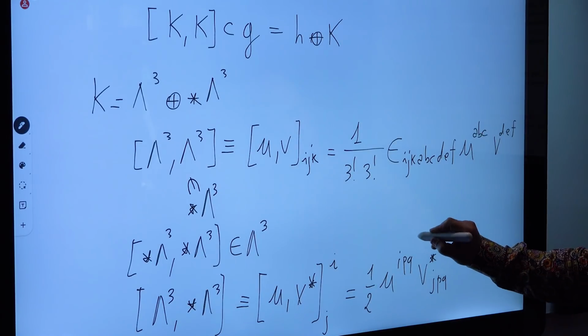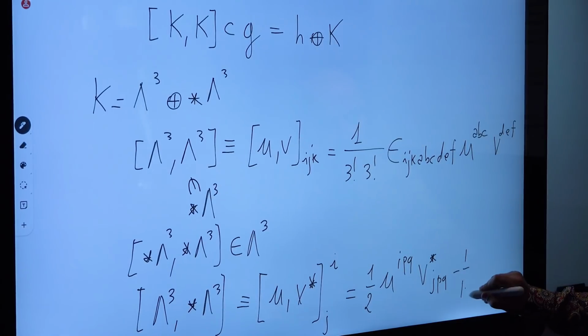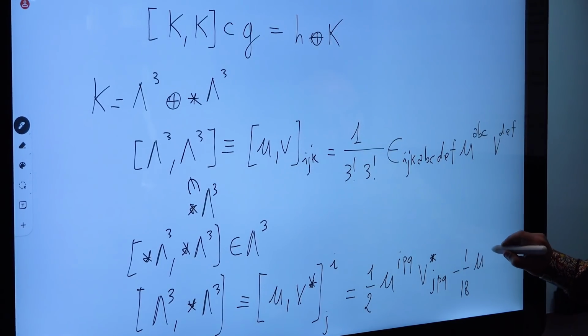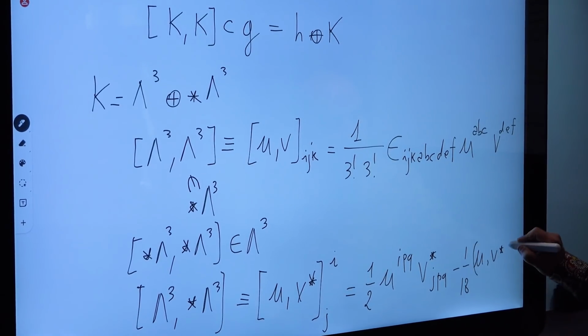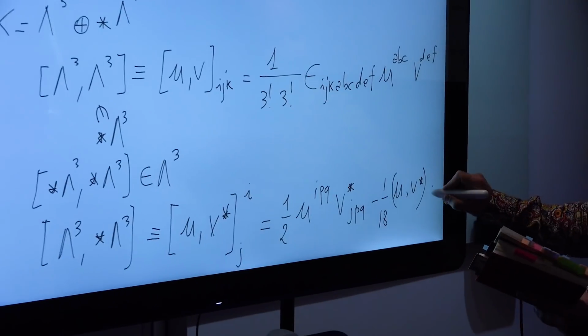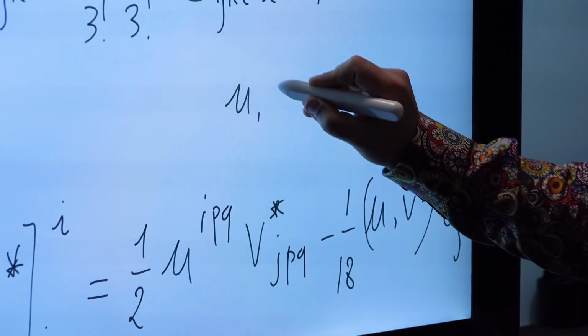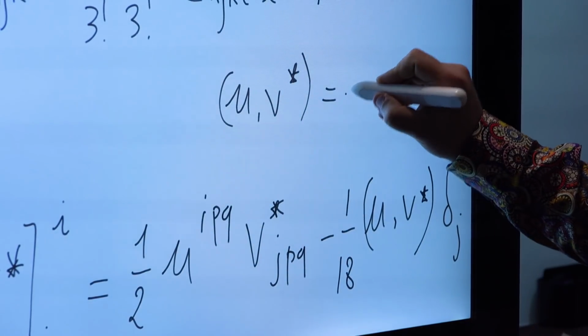And essentially this will be minus 1 over 18, these are normalization factors. Then essentially we have the contraction of U with V star. Let me be more explicit, and then delta I J. The contraction is essentially this simple tensor product.